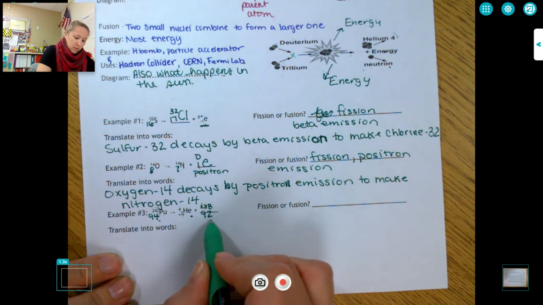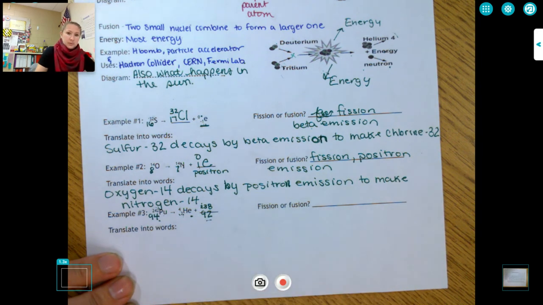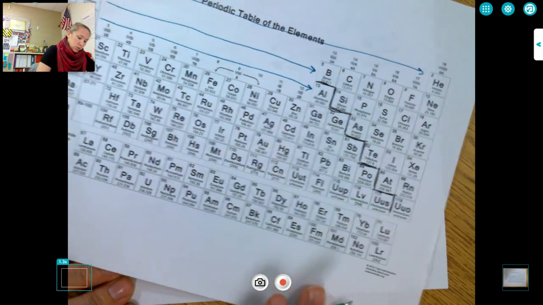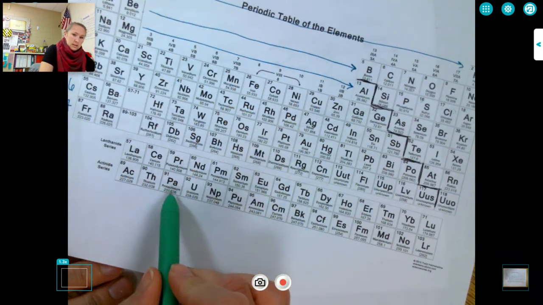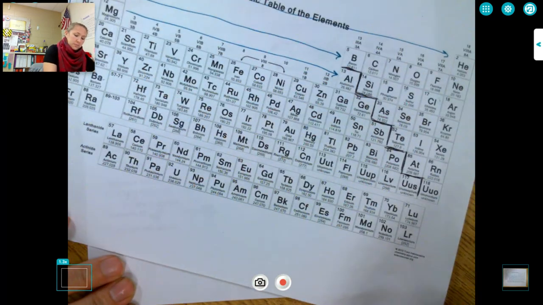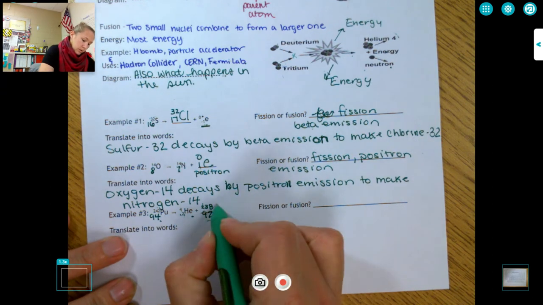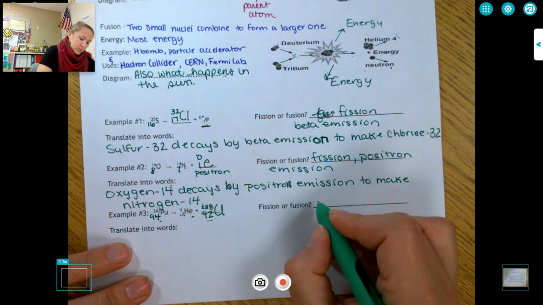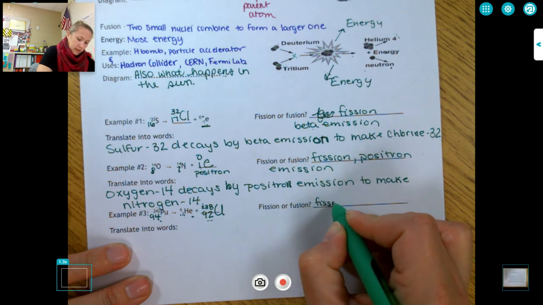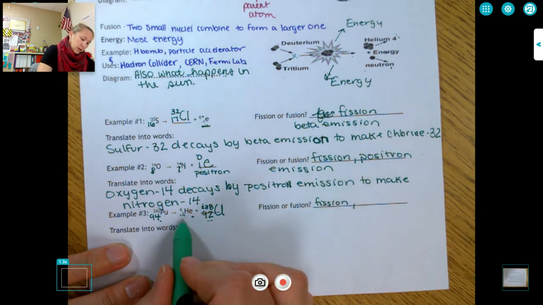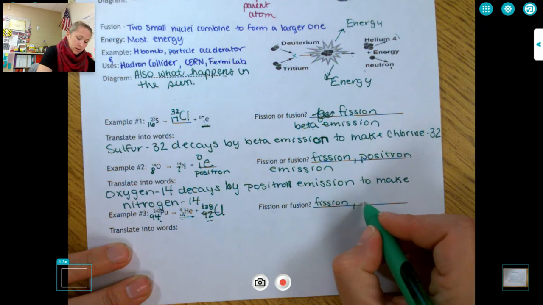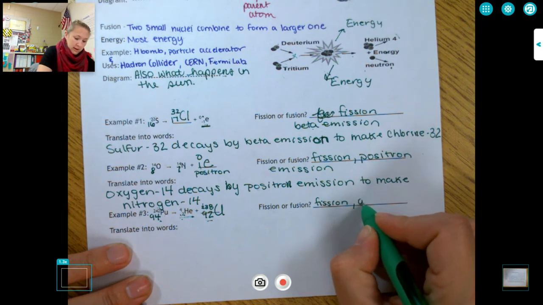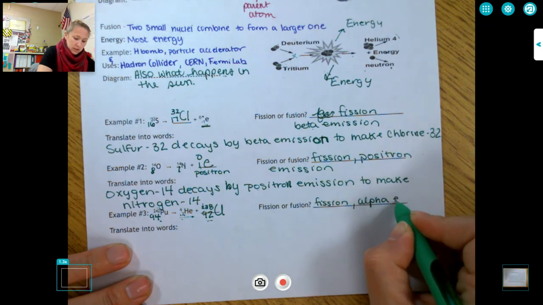And I need to figure out what is element number 92. Element number 92 is uranium, letter U. Again, we're splitting atoms, so we have fission. And specifically, we are giving off a helium atom, which is an alpha particle. So I have alpha emission.